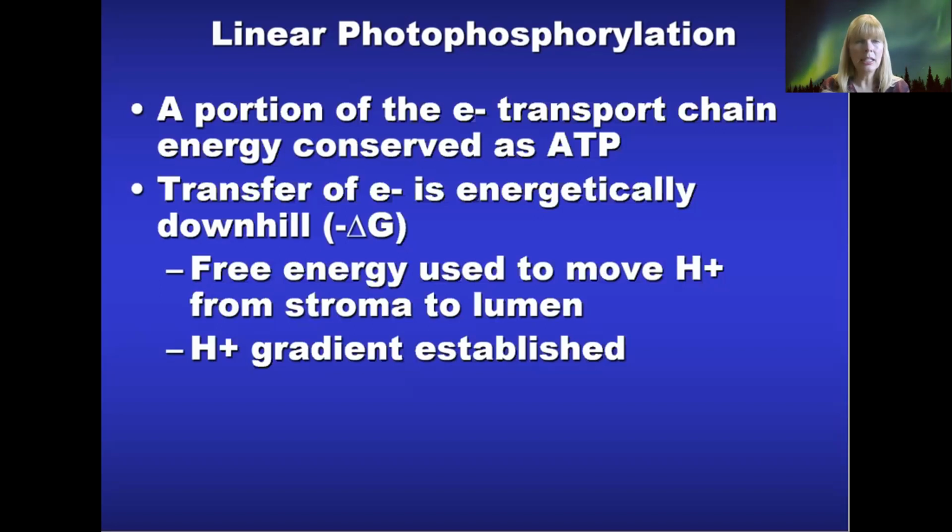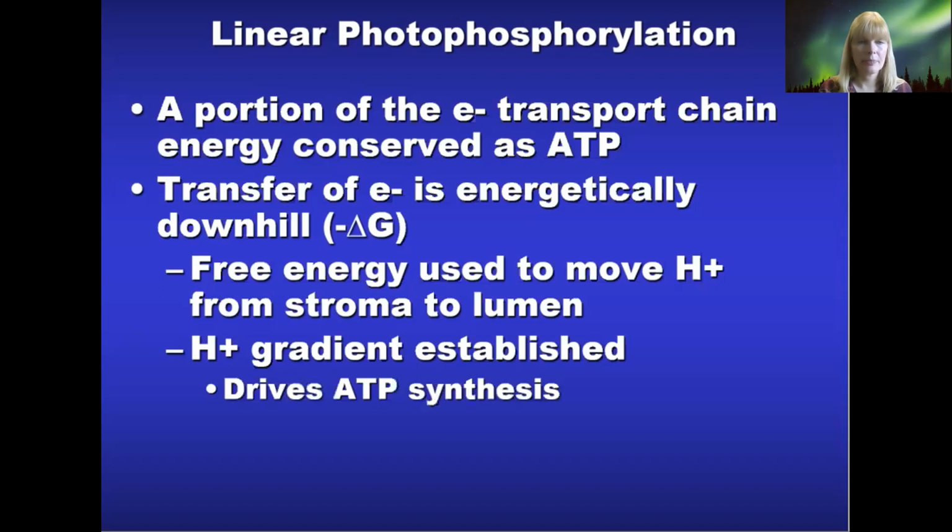So if you see electron transport chain processes happening in a membrane, look for proton pumping right away. Some of that free energy, as those electrons play the game of moving from donor to acceptor, goes toward getting those protons pumped so you can get that lovely gradient, which allows for ATP synthesis.